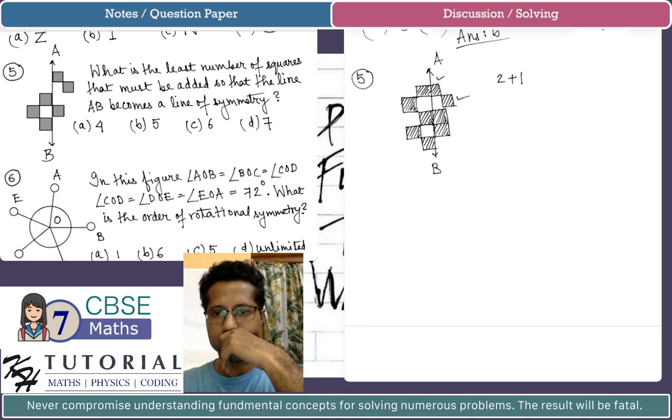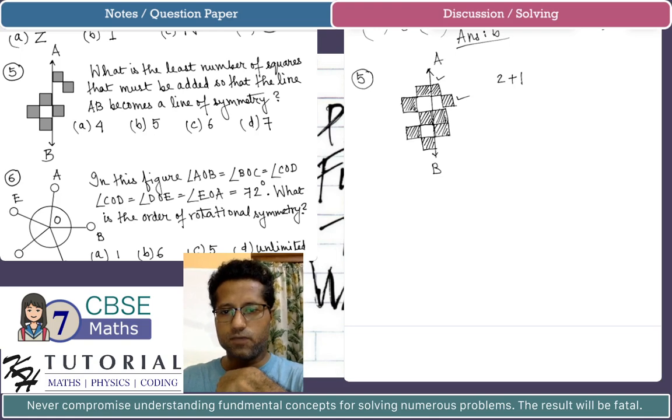Now what else? Now this square, that is the square on the left hand side, must have an identical square on the left side of the straight line AB. So this square must also be filled up. So I added one more square. Now what else?